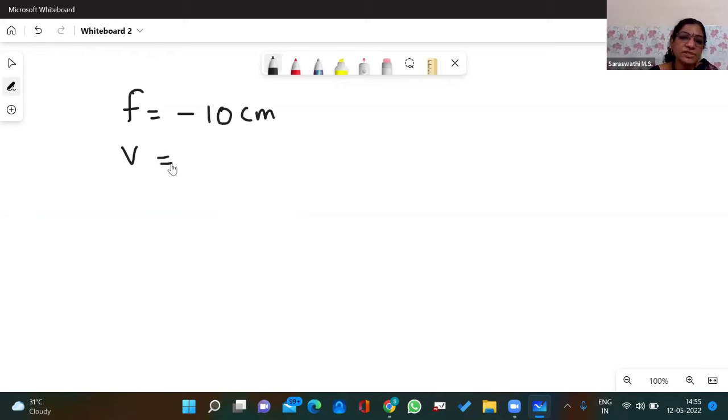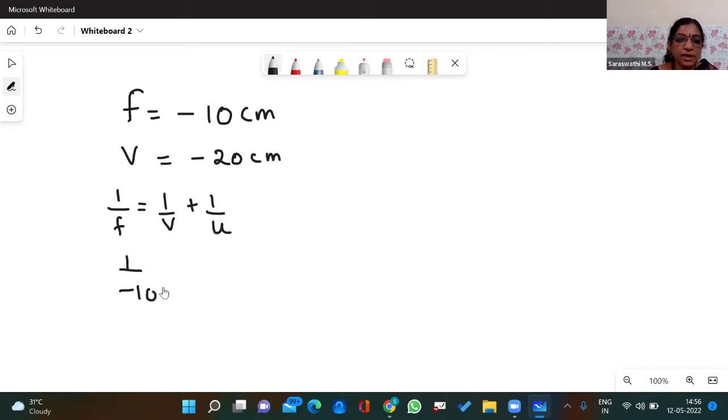V in the first case is real inverted. So minus 20 centimeter. Real inverted images are formed on the left hand side. So let us substitute 1 by F is equal to 1 by V plus 1 by U. So 1 by F, which is minus 10, equals 1 by V, which is minus 20, plus 1 by U. So 1 by U will be equal to 1 by minus 10 plus 1 by 20.